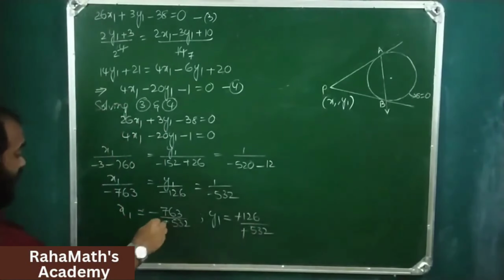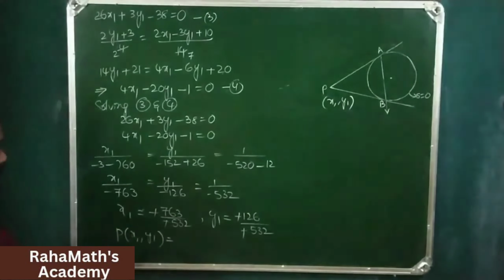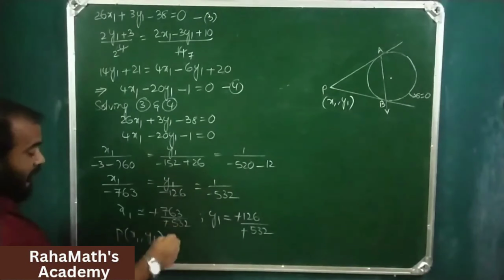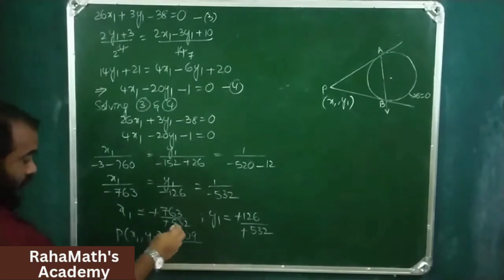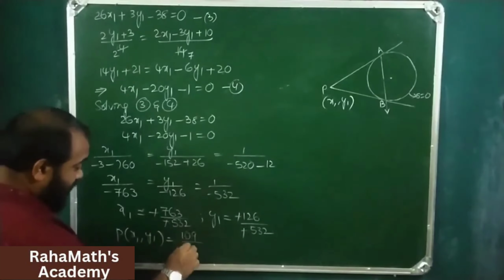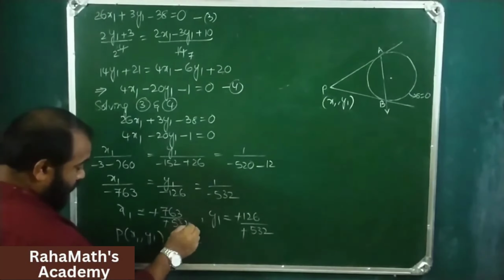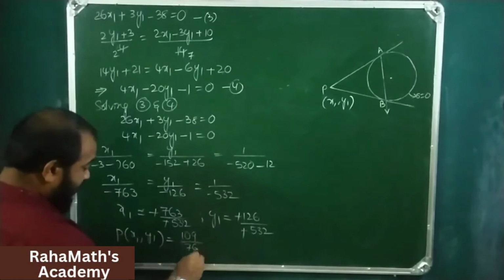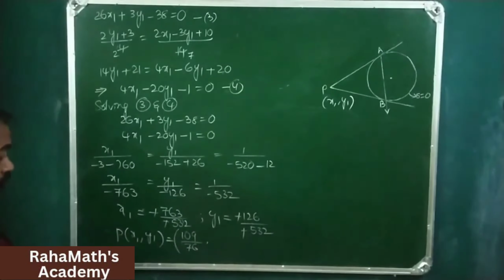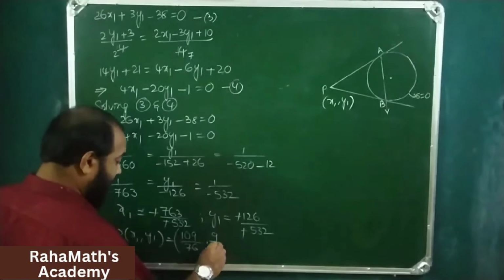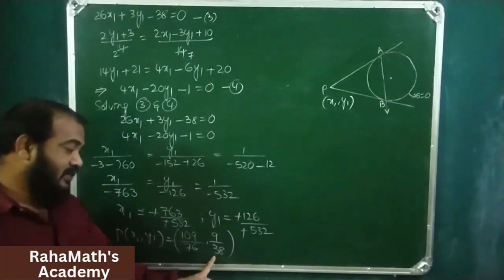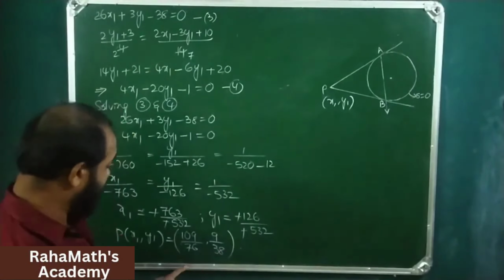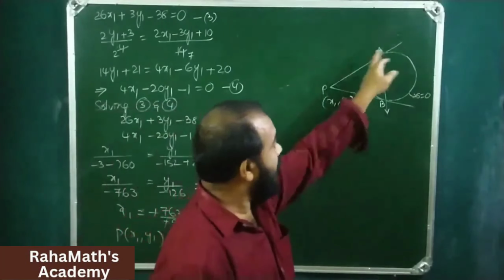So the negatives get cancelled here, therefore P(x1, y1) is, so 7 table, if you cancel 7 into 109 by 7 sevens are 49, so we are left with 109 by 76 comma 18 by 76, and this is 9 by 38. So this is the point of intersection P(x1, y1) of the two tangents.